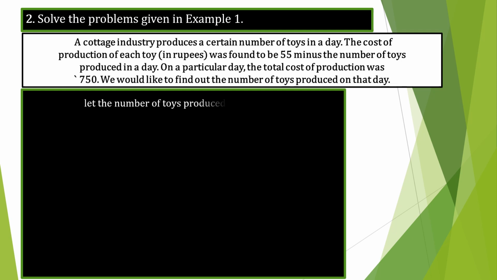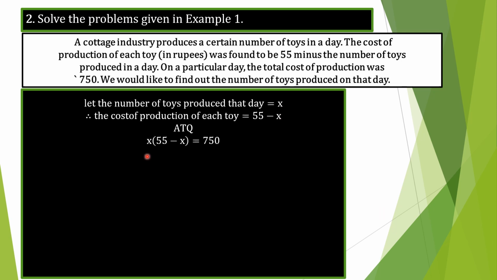So let the number of toys produced that day be x. Then according to the question, the cost of production of each toy is 55 minus x. Total production cost will be the number of toys into the cost of each toy, that is equal to 750, right?